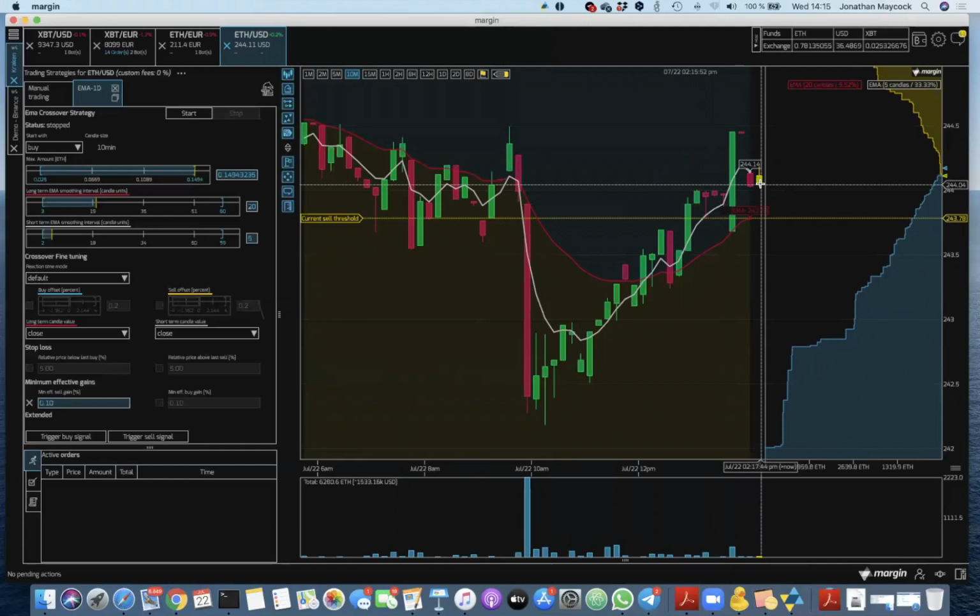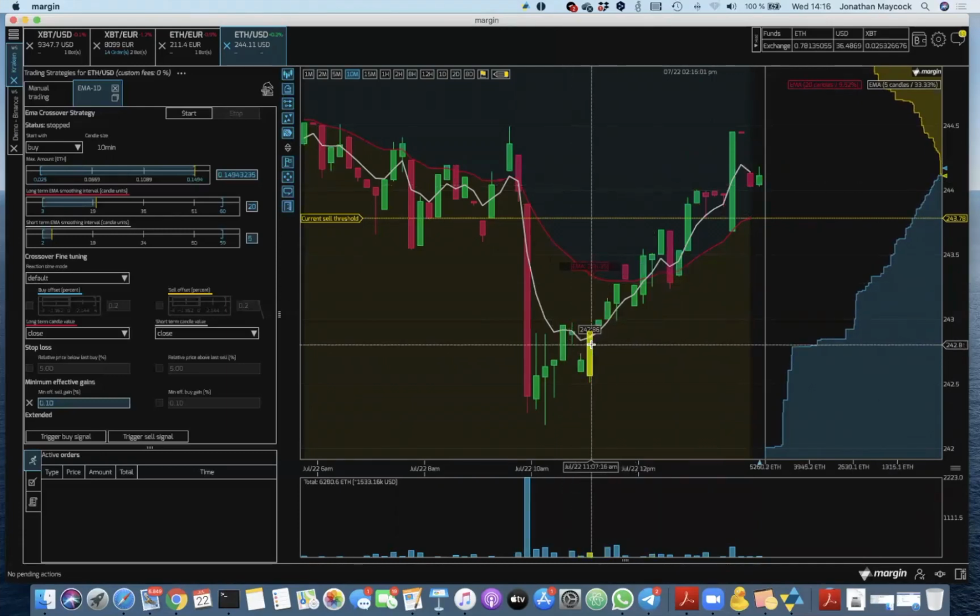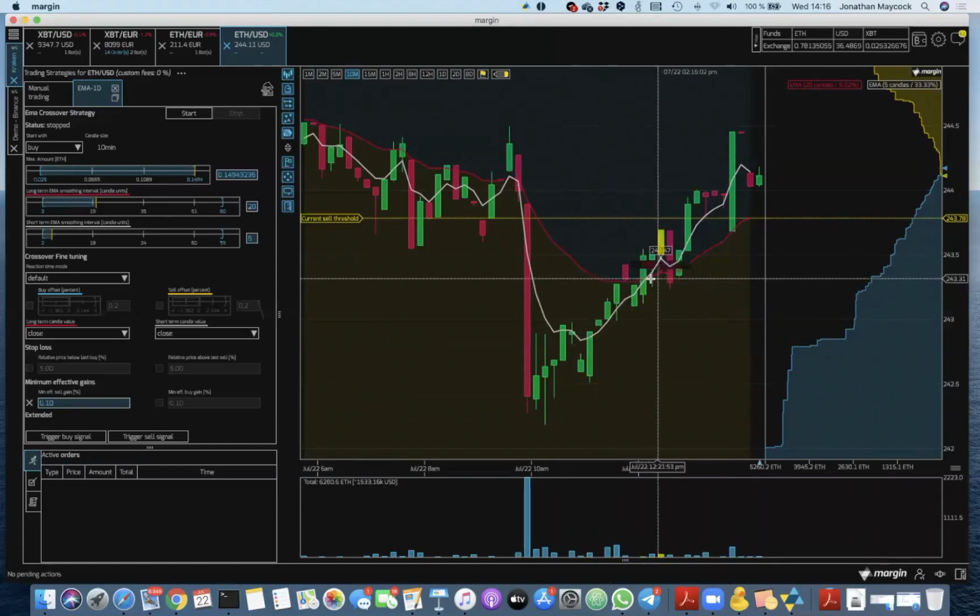So you might expect, by looking with your human eyes at the chart, to say, I would prefer to have bought down here, somewhere down here. Or in this case here, there's the crossover, to have bought exactly here, but you'll find the buy is always a little bit further on. And it's because of this waiting for the candles to form.